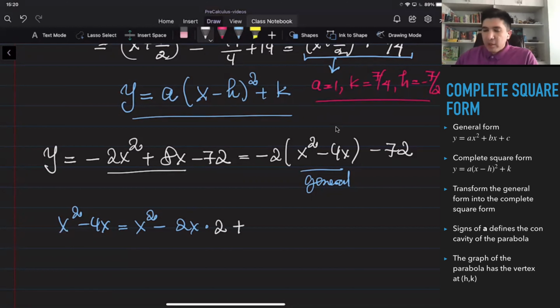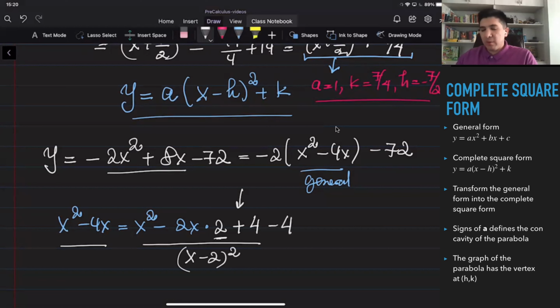So plus what should come is this constant's square, right? So it's going to be 2 in the square, 4. Is this one the same as this one, right? No, the right-hand side of this equation is bigger than the left-hand side by 4, because I added this in order to have the complete square of x minus 2 in the square, right? So since I added the 4, I'm going to subtract this 4, so minus 4. Then I can write this as x minus 2 in the square minus 4.